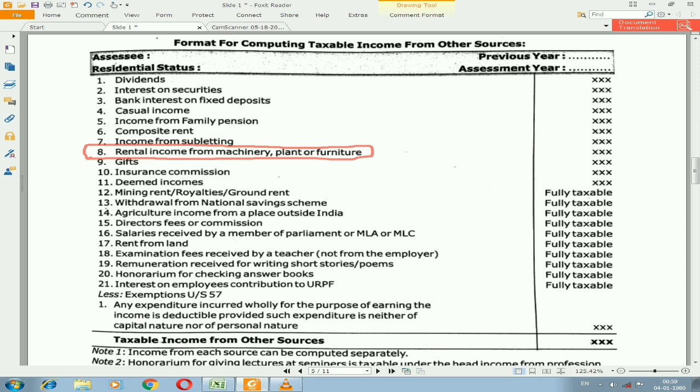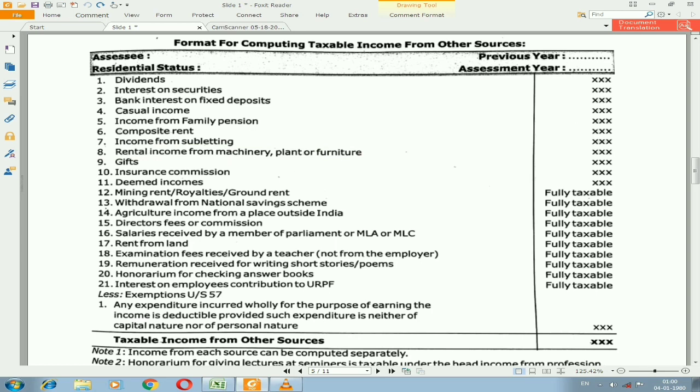While considering this source, we are supposed to deduct expenditure related to it. It may be depreciation on those assets, repair charges, or insurance. Any kind of expenditure on machinery, plant, furniture or any other assets will be deducted, and the total will be considered under the other sources column.